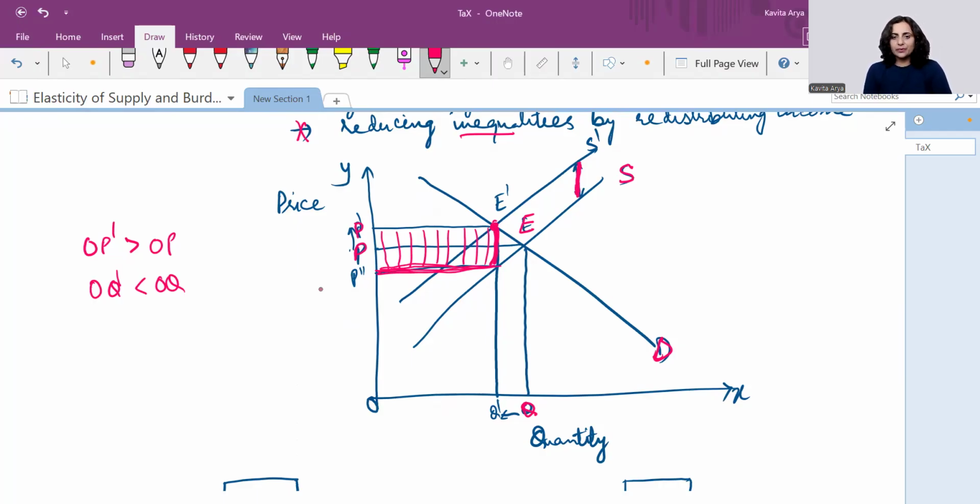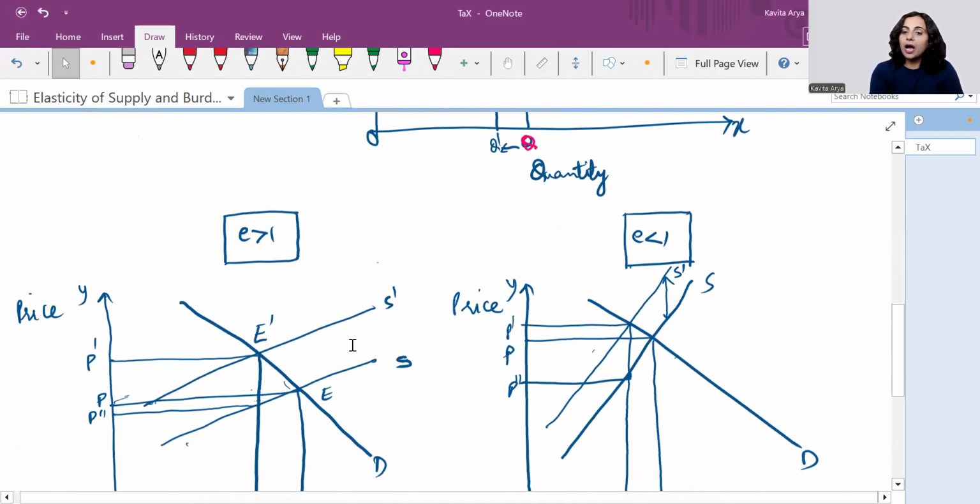And in this structure we see that the tax contributed by the buyer is this area which is above the P price, means any addition to the price would be contributed by the buyers, and the area which is below P would be contributed by the seller. But this is not always the case, because here it also depends upon the elasticity of supply, and the burden gets shifted to some other party.